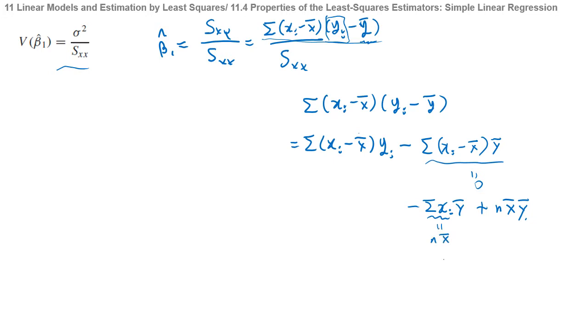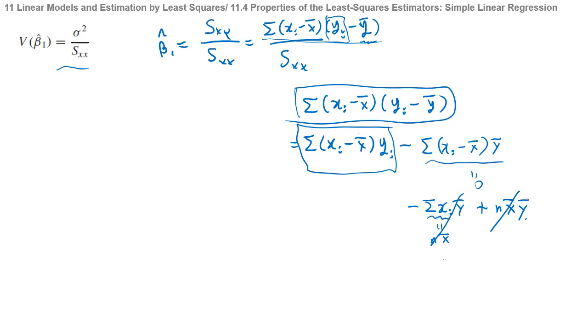So these two parts cancel, and this one is the same as this one. So we can express beta 1 hat as 1 over Sxx, times the sum of (xi minus x bar) times yi.